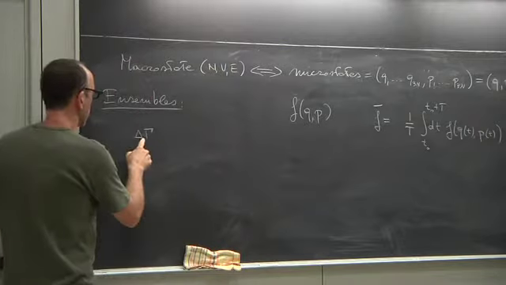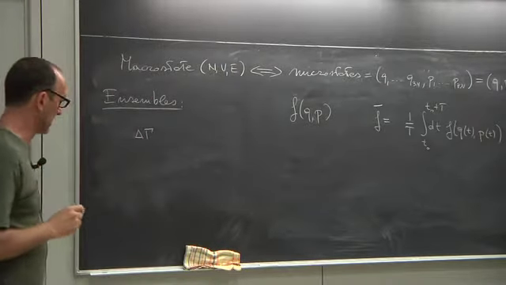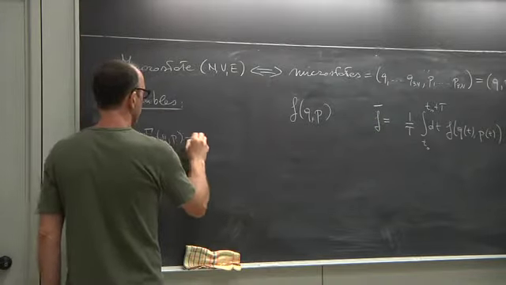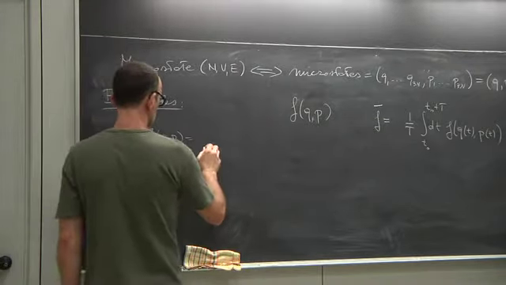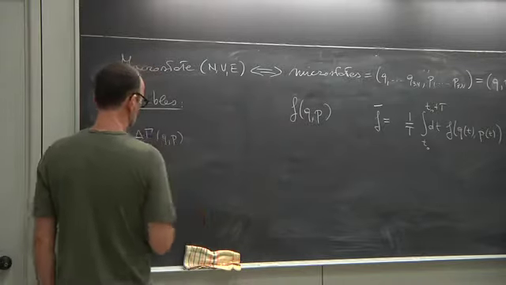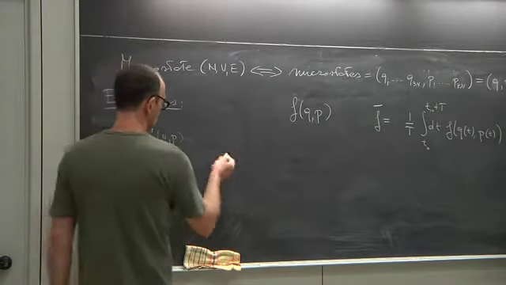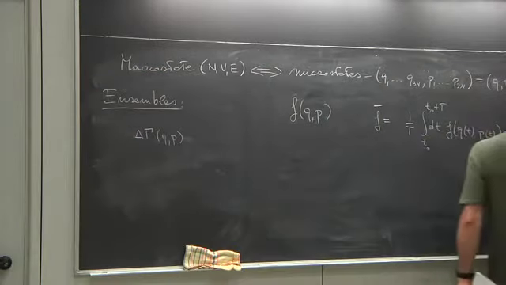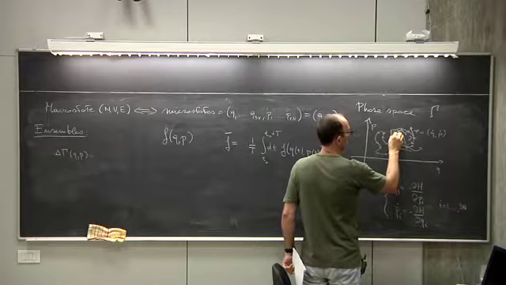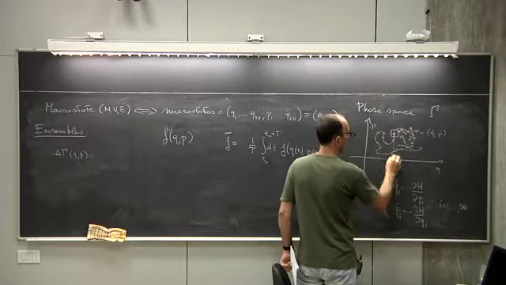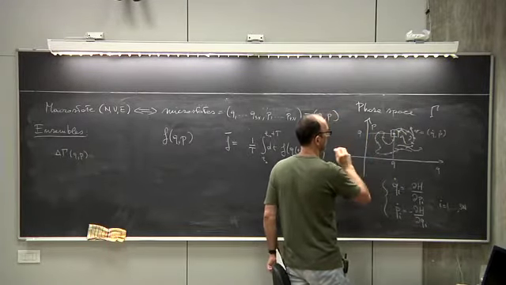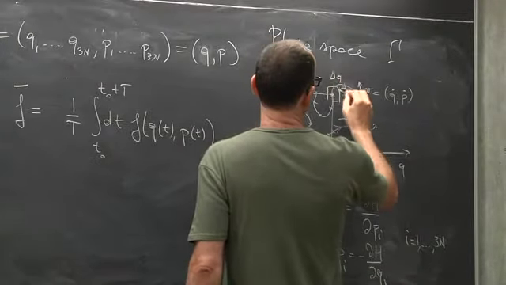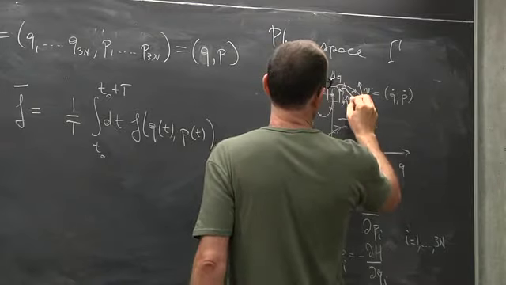For any volume in gamma around a particular point Q, P, given by a small neighborhood, you take a particular point Q, P of volume dq times dp.